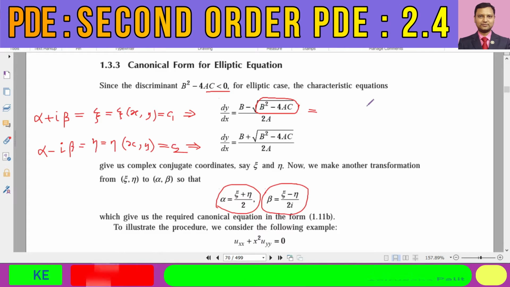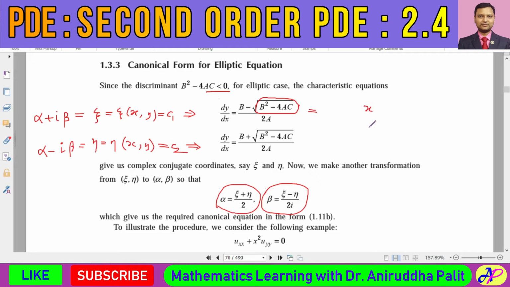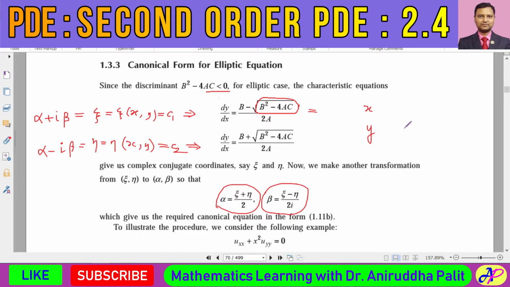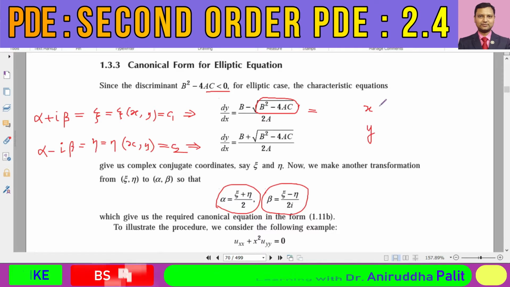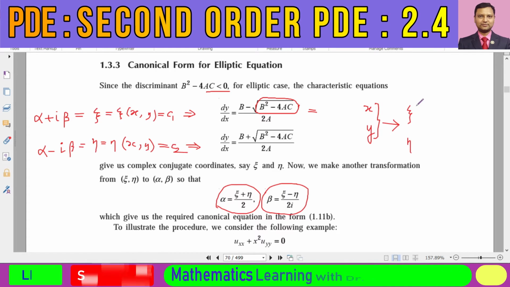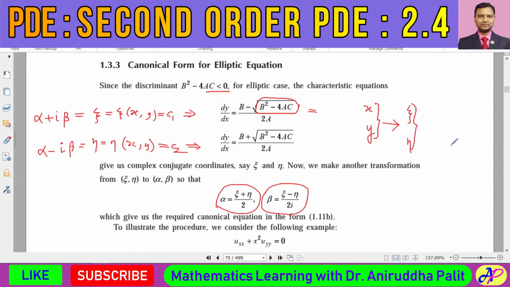Originally the given partial differential equation was written in terms of the independent variables x and y, and afterwards we were trying to construct a transformation involving chi and eta. But because b square minus 4ac is less than 0, we find that chi and eta are both imaginary variables.